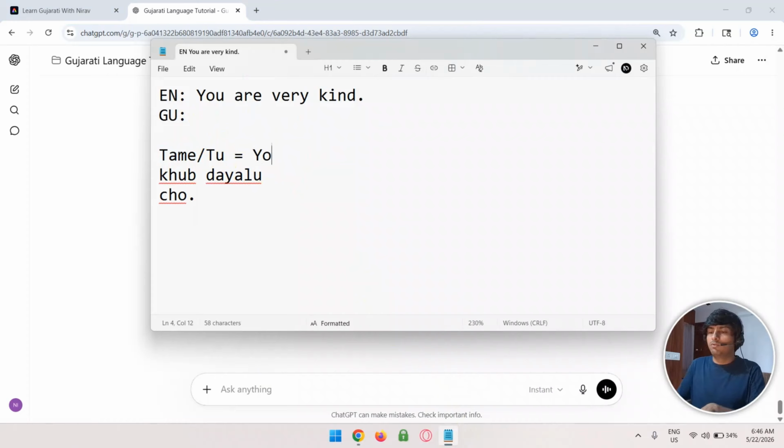For you in Gujarati, you can say tame when we are talking formally. You can use tu informally. And for kind, in Gujarati we say dayalu. For very, we say khub. To finish the sentence, dayalu cho.